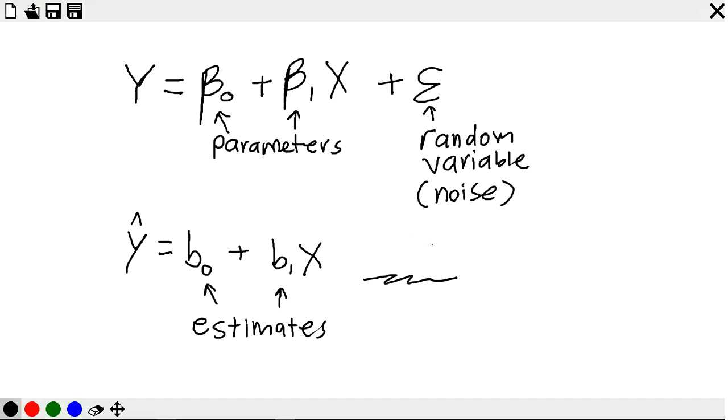For our estimates, we would estimate this epsilon as being 0, because the assumption is that on average it is 0. It's random noise. In fact, it's a normal distribution by assumption, so it has some variability to it, but it has a mean equal to 0.